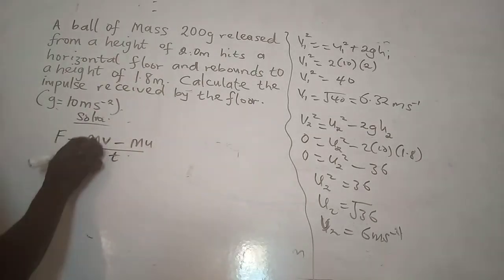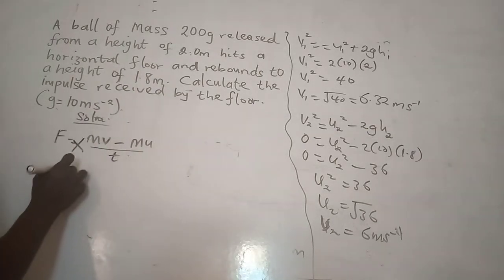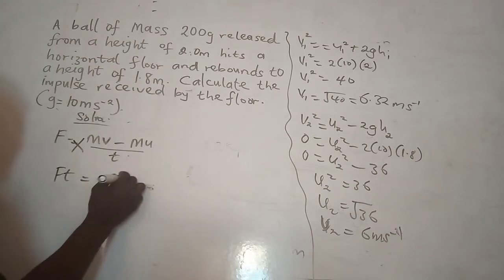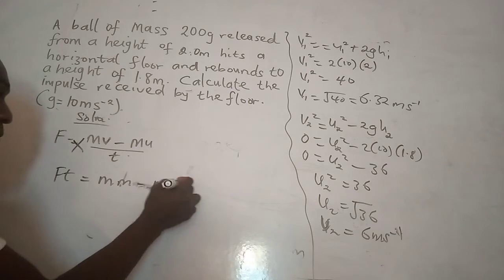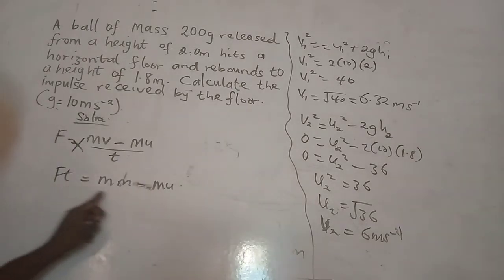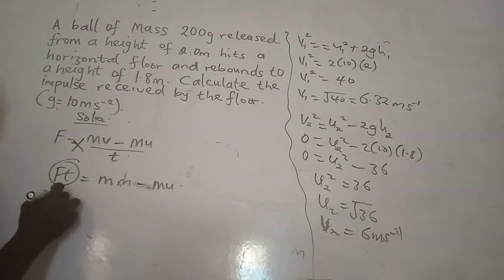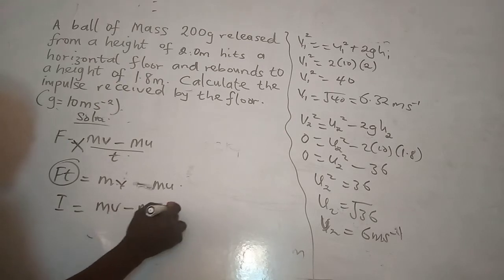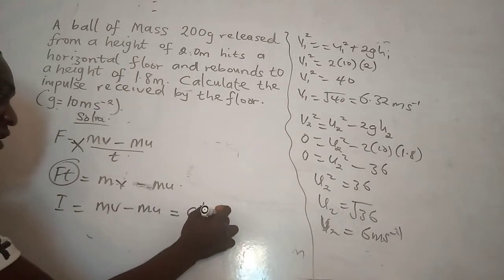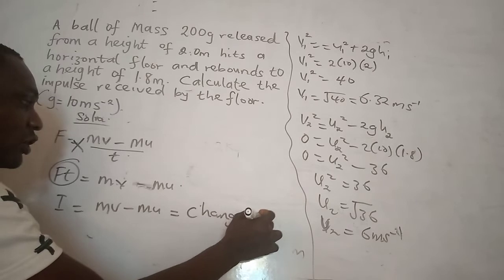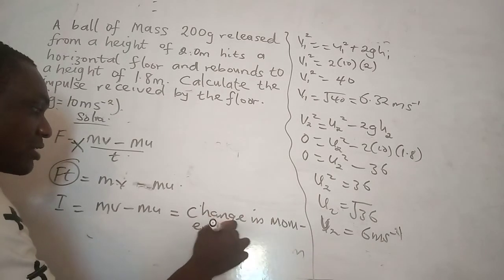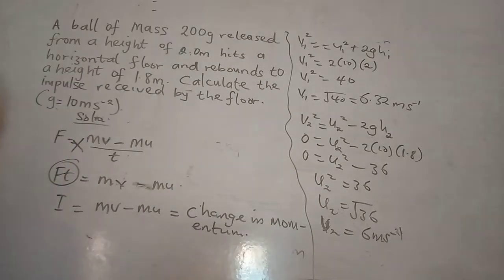So when I cross multiply, I'm going to have Ft equals m into v minus u, or mv minus mu. In this case, this is the impulse. So the impulse is equal to mv minus mu. So impulse is change in momentum. Now we can calculate the change in momentum.